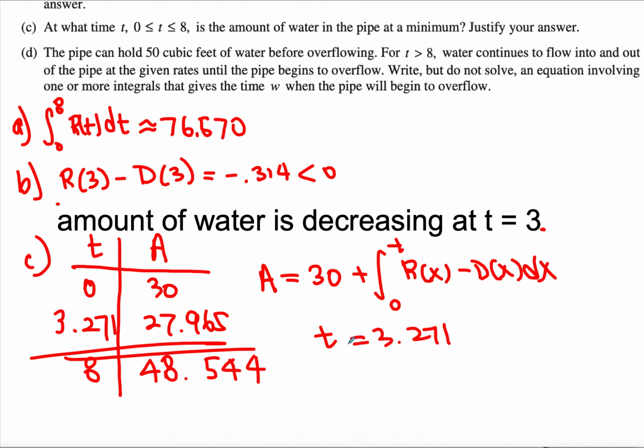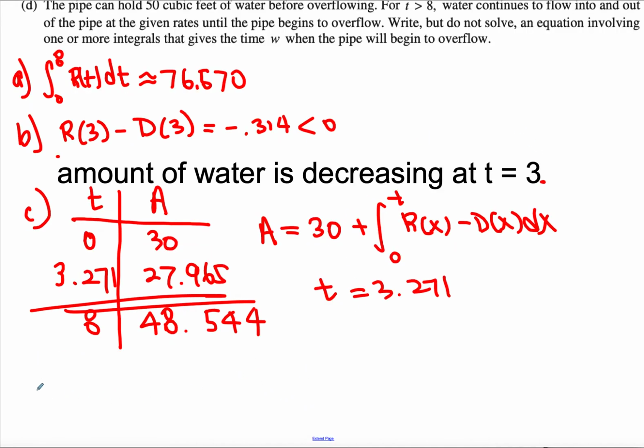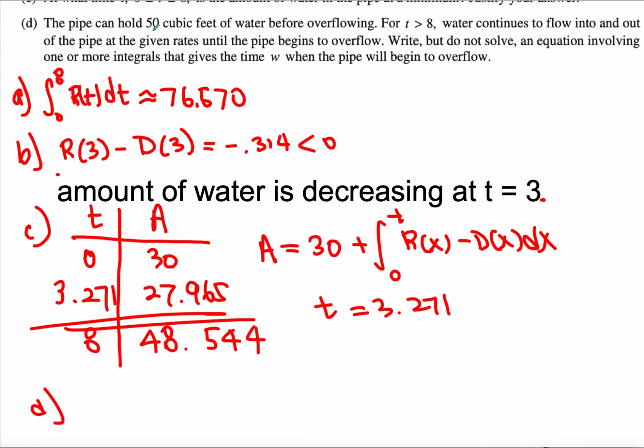Alrighty, let's look at part D. A pipe can hold 50 cubic feet of water before overflowing. For t greater than 8, water continues to flow into and out of the pipe at a given rate until the pipe begins to overflow.